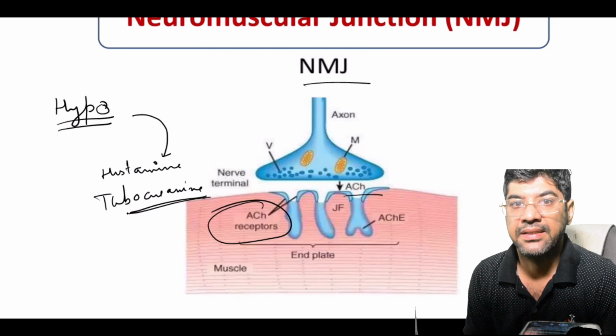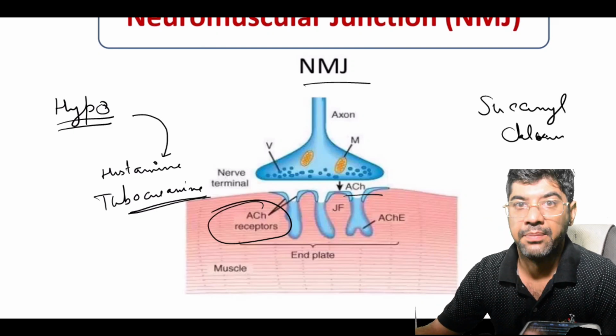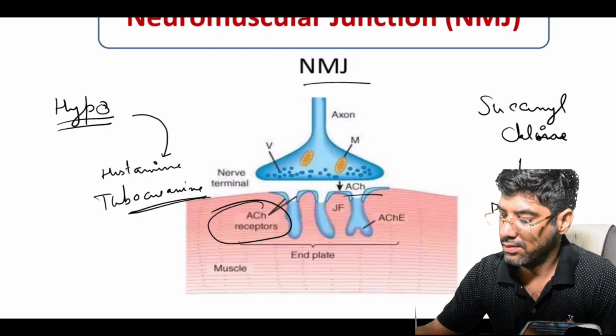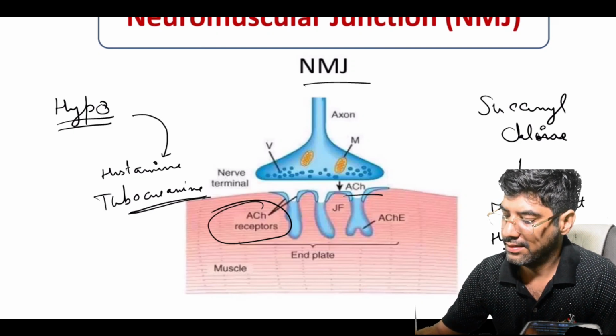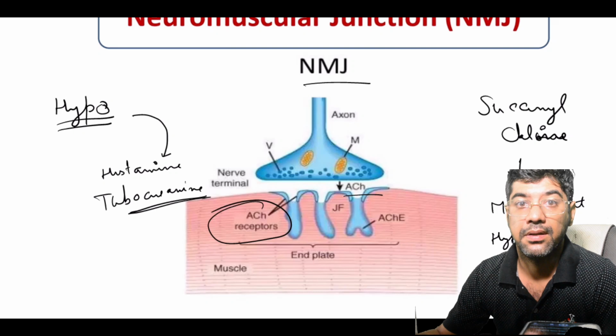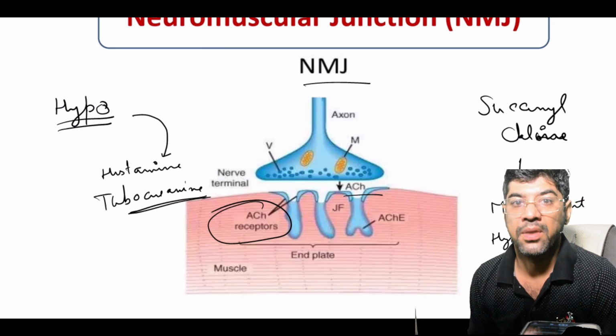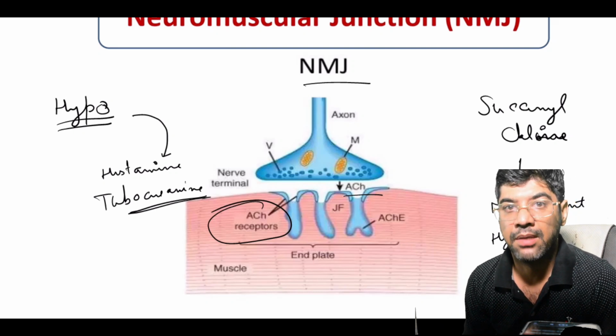The depolarizing agent succinylcholine can cause muscle pain, hyperkalemia, and malignant hyperthermia. So, what are the common side effects of succinylcholine? Muscle pain, hyperkalemia, malignant hyperthermia.